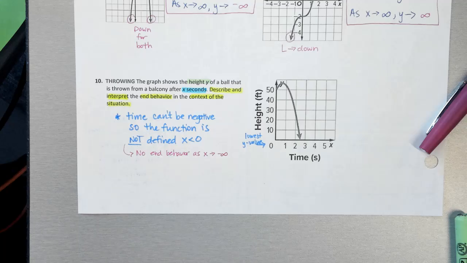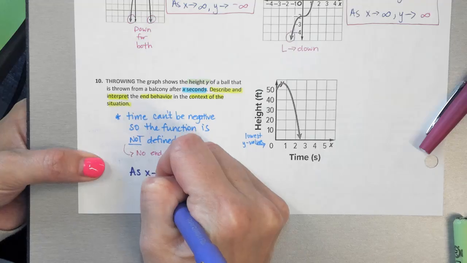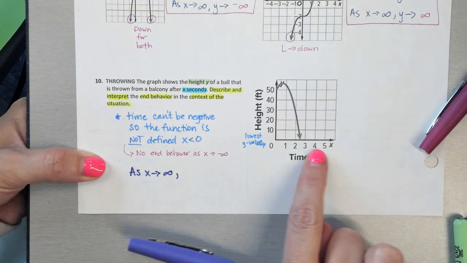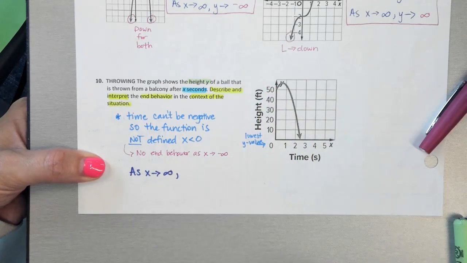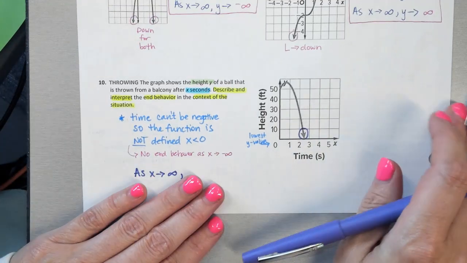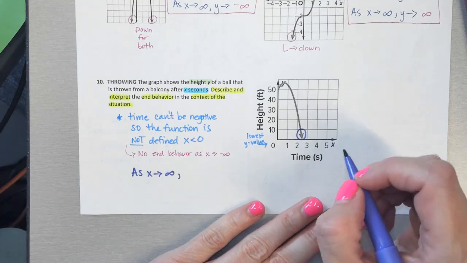So the only thing we have to write for our statement is what happens as x goes to positive infinity, which we've already talked about a little bit. As the values of x, which is the time, increase, where is it going? It's going down, and what's the lowest value?